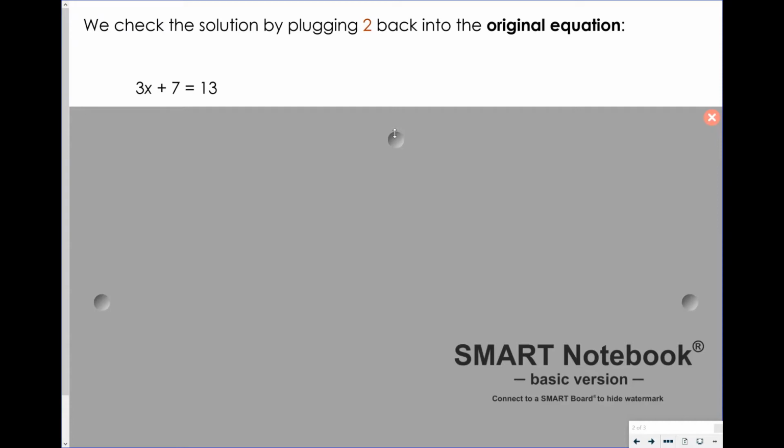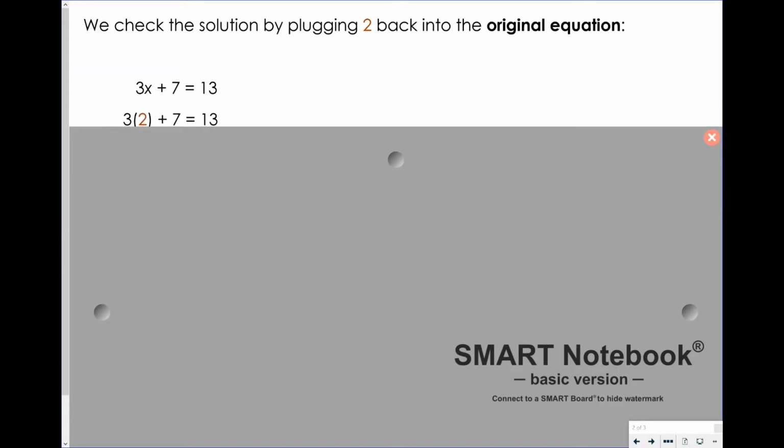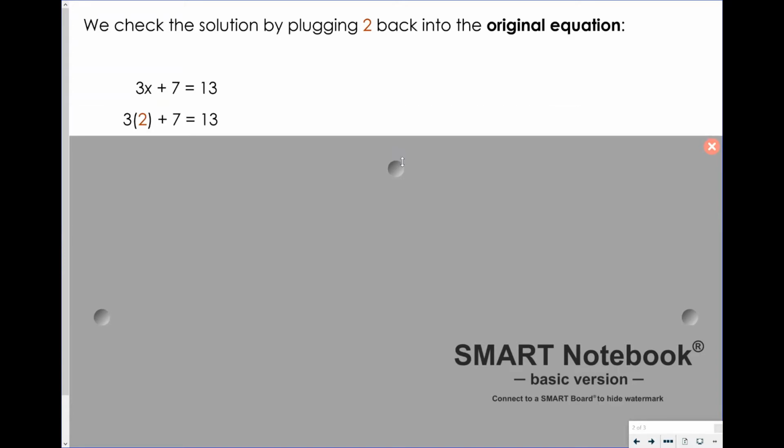Wherever x is, you plug in the number. So we're going to do 3 open parentheses, 2 close parentheses, because we're multiplying, plus 7 equals 13. I have it right here: 3 times 2 plus 7 equals 13. Okay? And then you're going to solve from here to see, do we get 13?